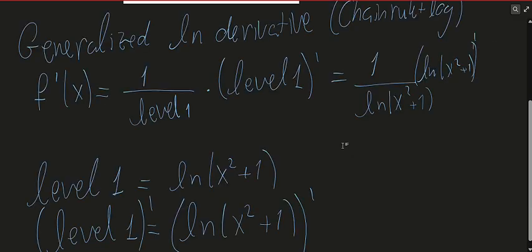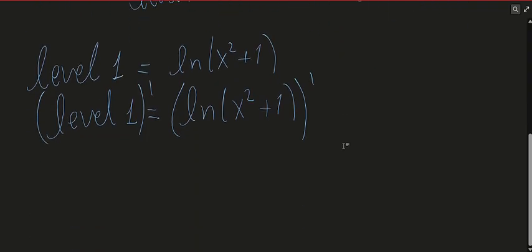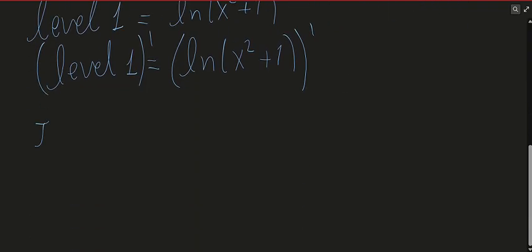Remember, our final answer when computing derivatives must not involve primes. Anything attached to a prime must be resolved first and plugged in. So we have to compute the ln of x squared plus 1 prime.